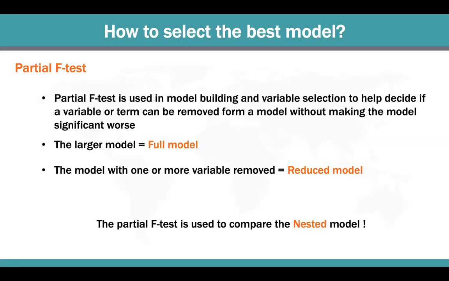Conversely, we can think of the test as being used to help us decide if adding a variable or a term to the model makes the model significantly better. The partial F-test is used to compare nested models. The larger model we call the full model, and the model with one or more variables removed we call the reduced model.